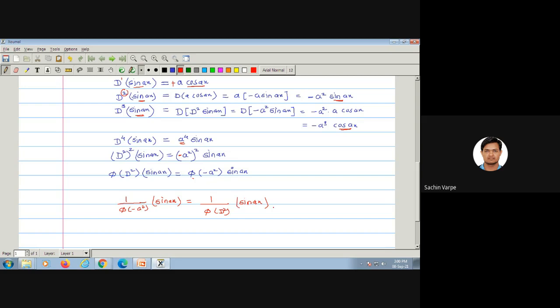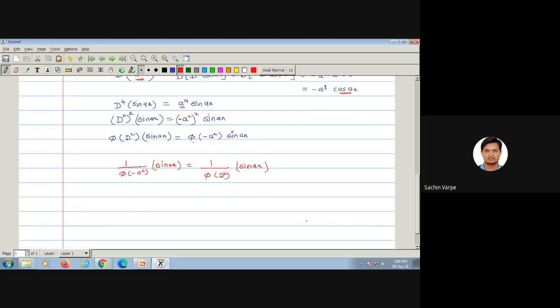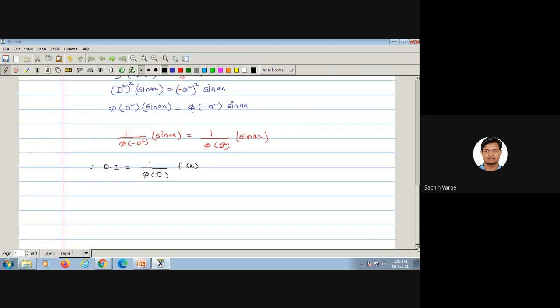Is this point clear? So from this we get the formula of particular integral, that is, therefore, PI equals 1 upon phi of d, f of x. But what is my f of x here? We have considered f of x to be sine, right?